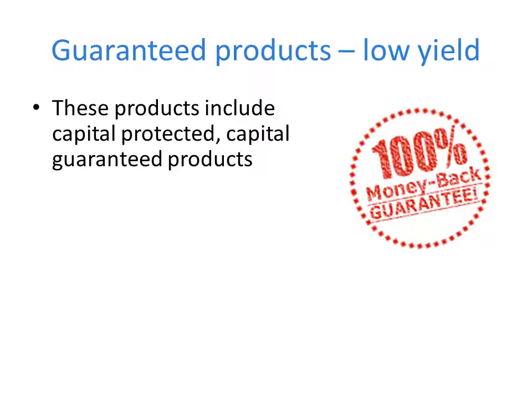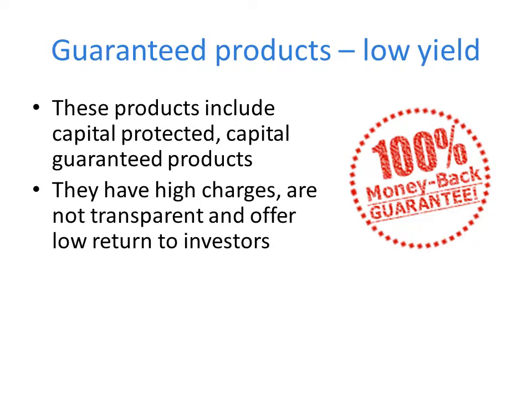Now these include capital protected and capital guaranteed products. Now what consumers do not know is that these products have high charges which are not transparent, and they offer a poor return, a low return to investors for the period that the money has been invested.